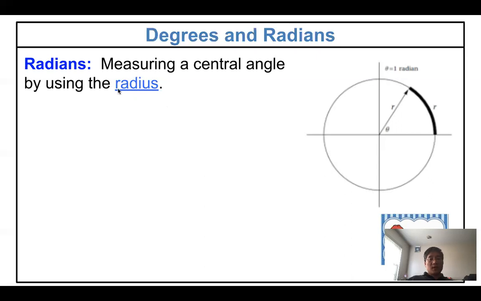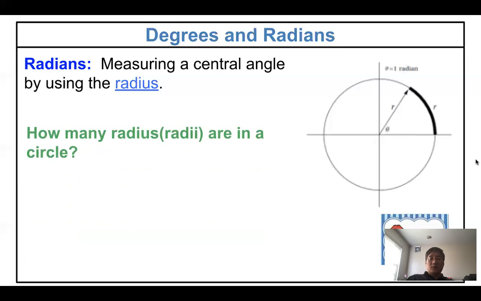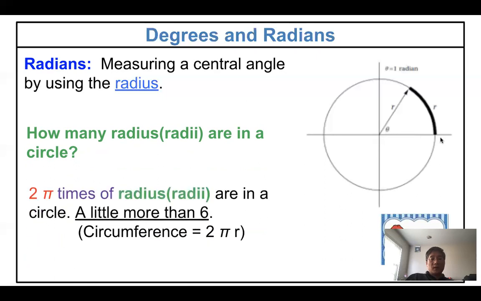So you change the radius into the radian. Then how many radians are here? 2 pi radians. So 360 degrees is equivalent to 2 pi radians.